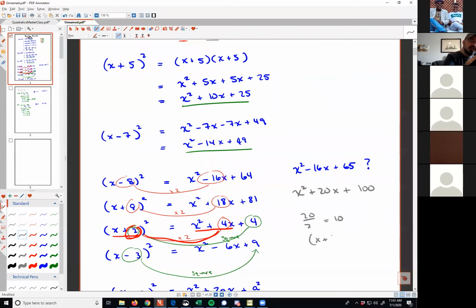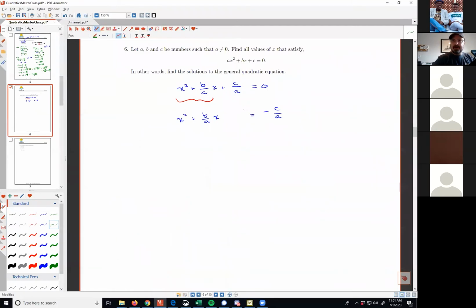Because x plus 10 squared has x times 10 and 10 times x, so we get 20x in the middle. So we take whatever is in the middle and we divide it by 2 and we square. Whatever is in the middle divided by 2, squared.